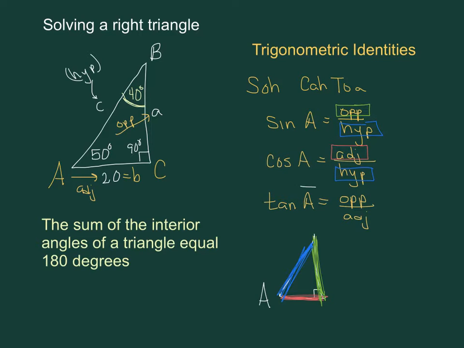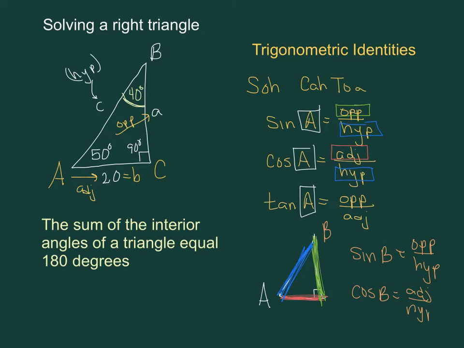And we have this for A. What if I change this to B? I change this over to sine of B. So sine of B is equal to, again, opposite over hypotenuse. Cosine B is equal to the adjacent over the hypotenuse.